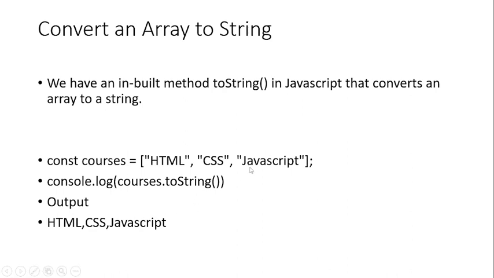In order to convert these array elements into a string, I am using courses.toString. When I am using the toString method here, the output will be HTML, CSS and JavaScript, and the array is converted into a string. You can see here there are no square brackets when the output is displayed, right?